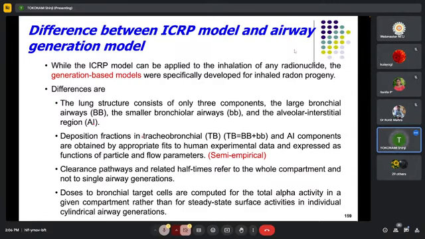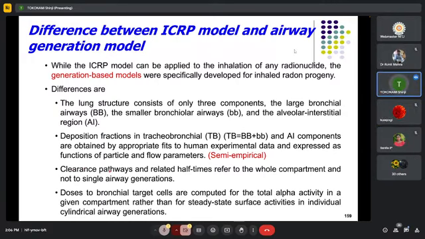Deposition fractions in tracheobronchial, TB, and AI components are obtained by appropriate fits to human experimental data and expressed as functions of particle and flow parameters. It is semi-empirical.